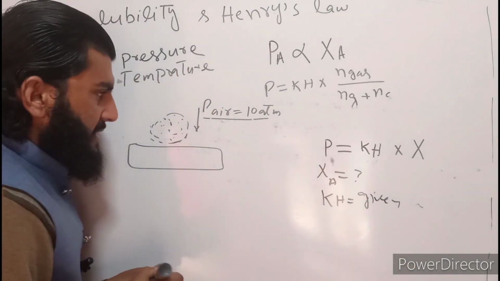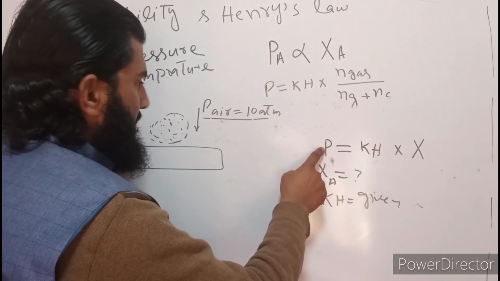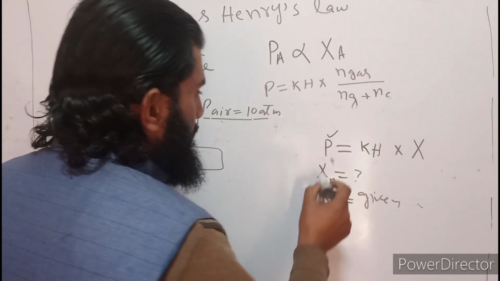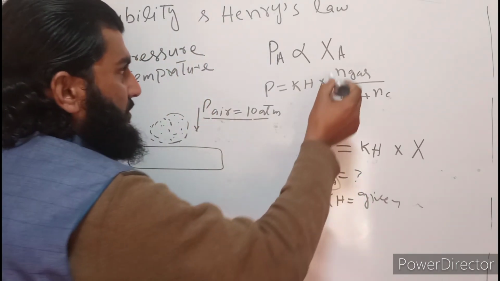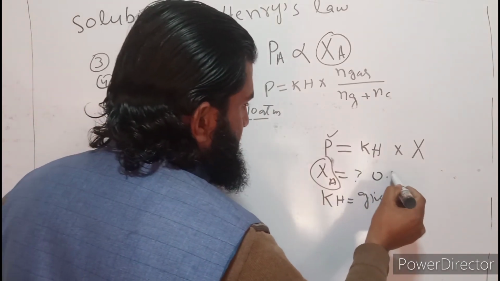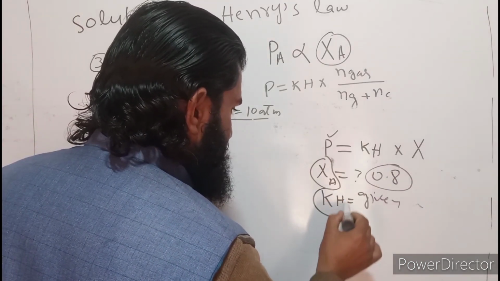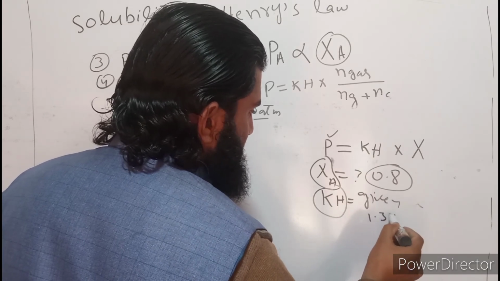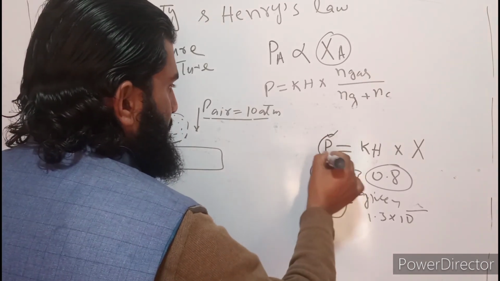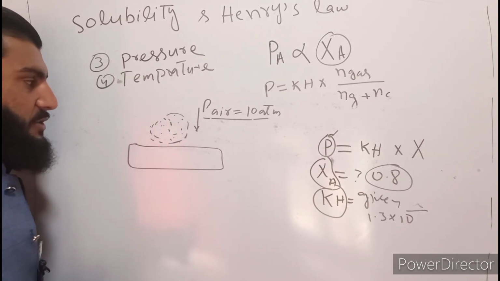The question is, what will be the partial vapor pressure if the mole fraction is, suppose, 0.8, or 0.9, 0.5, and kh is also given as 1.3 times 10 raised to some power. So he asked a question about the partial vapor pressure of the gas above the liquid surface.